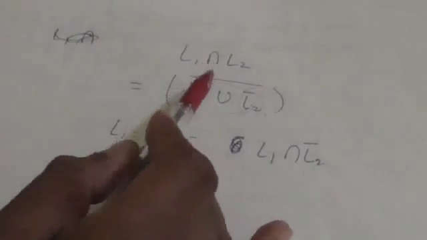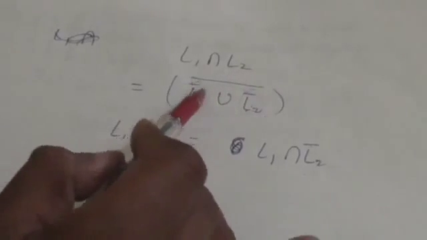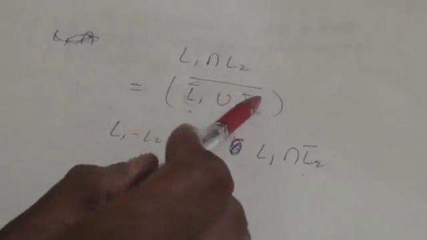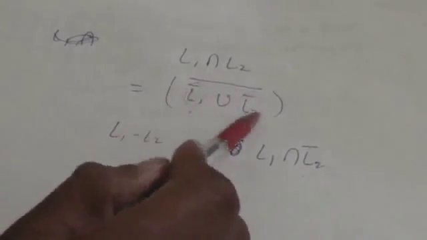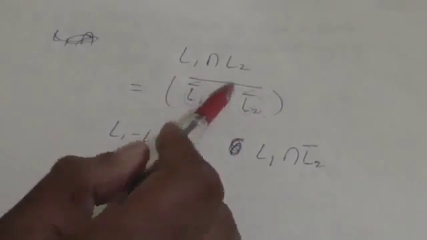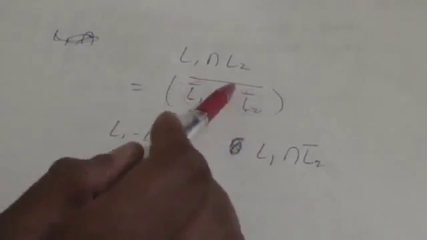So here, if L1 and L2 are regular, L1 complement will also be a regular language, L2 complement will also be a regular language, and their union will also be a regular language, and the complement of the union of regular languages will also be regular.